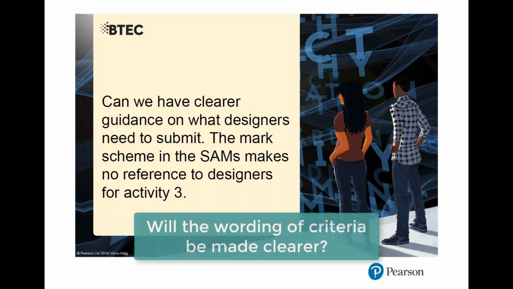Francesca, will the wording of criteria be made clearer? I think I said this earlier, Francesca, that we're not able to change any of the criteria now because Ofqual won't let us. So when we talk about interrelationships, we're talking about the fundamental relationships between people. For example, the relationship between a choreographer and a dancer, and how that relationship works.